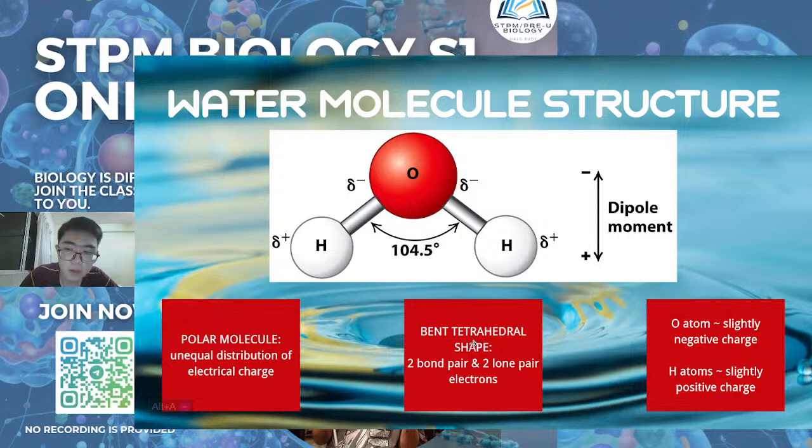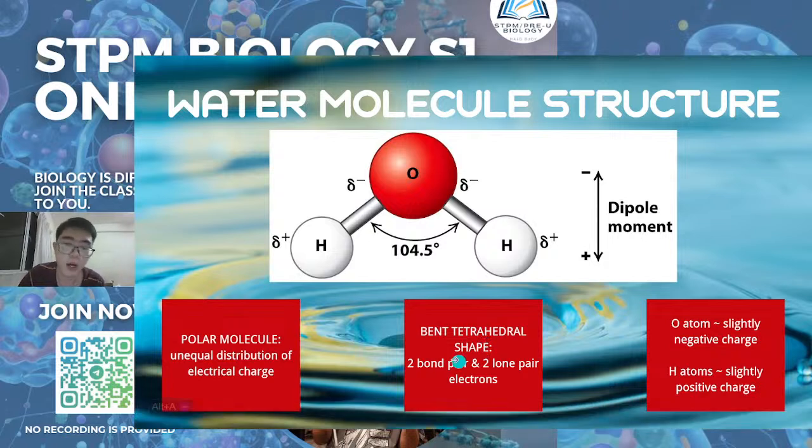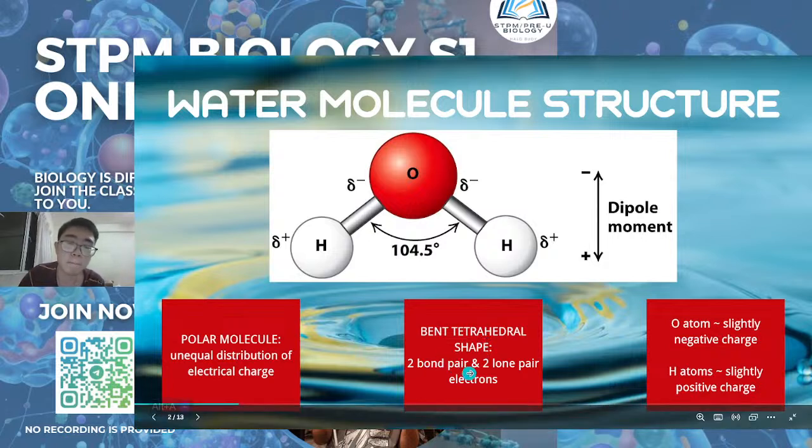If you want to know what a bent tetrahedral shape is, you already learned it in Chemistry Chapter 3, with VSEPR theory, the model that determines the shape of the structure. For water, it is known as a bent tetrahedral shape structure. Why? Because it has two bond pair electrons and two lone pair electrons.